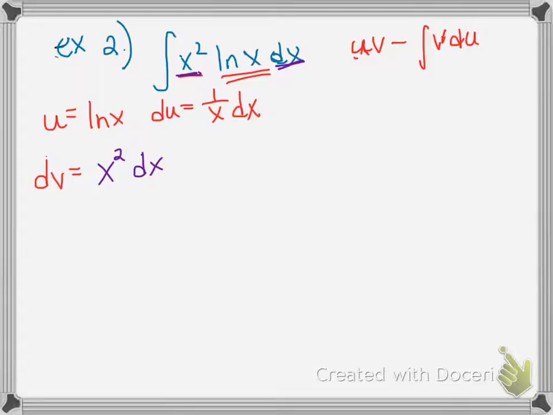That means I need to integrate to find v, because I need a v according to my formula. So v is going to be x to the third over 3. I can write plus c, but I don't really need to because my end expression is going to have that plus c, and I don't need to deal with two constants at a time.